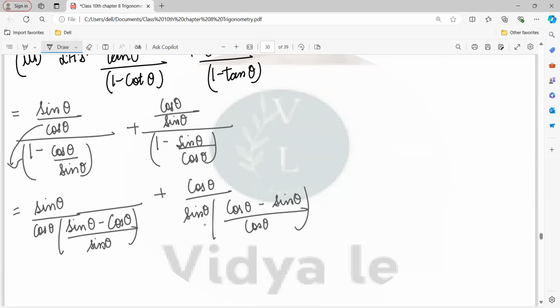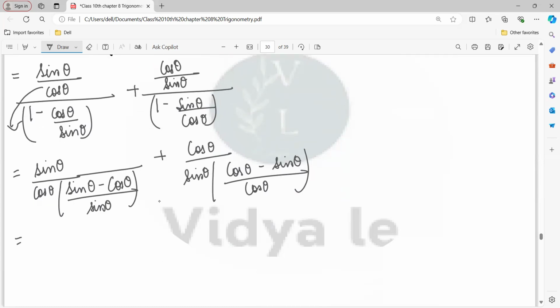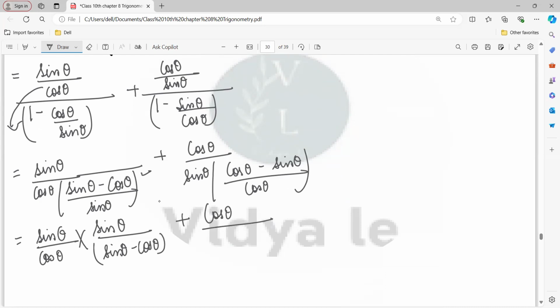Now, what will we do? In the denominator, the terms are dividing, so we'll multiply by shifting to the numerator. Let's take the reciprocal of the term in the denominator. So it will be sin theta upon sin theta minus cos theta, plus cos theta upon cos theta minus sin theta, and the denominator will shift to the numerator, and it will become cos theta into cos theta, right?